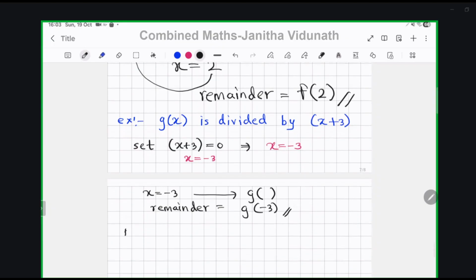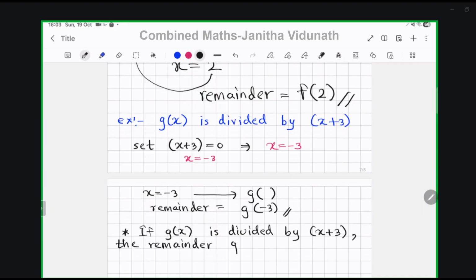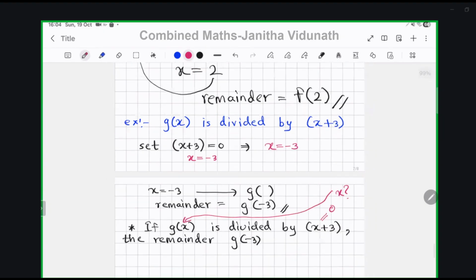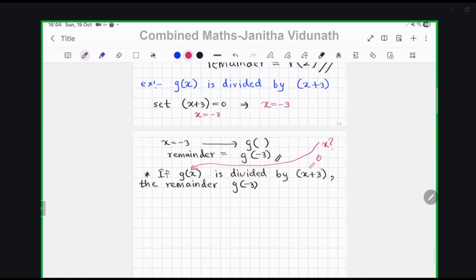That means we can write this as: if g(x) is divided by x plus 3, the remainder is simply g(minus 3). That means we set our divisor to 0 and find the value for x. Then we substitute that value into our dividend. Okay. Now I will give another example.